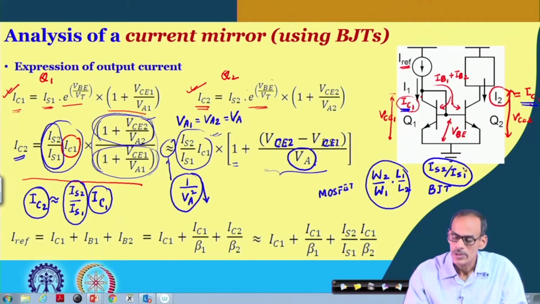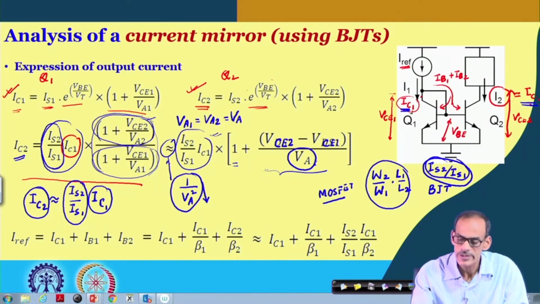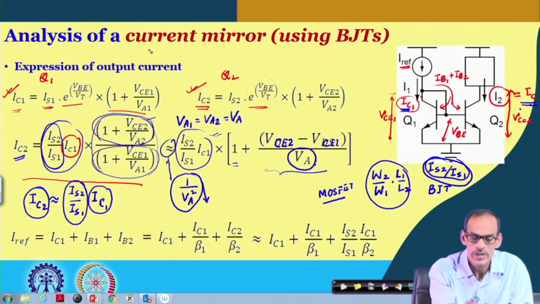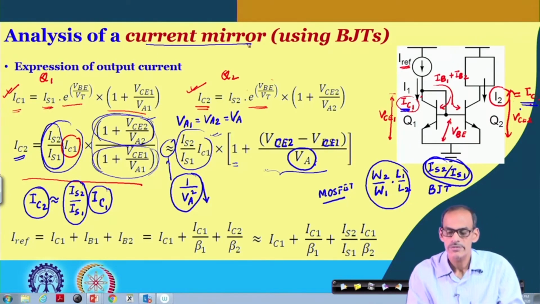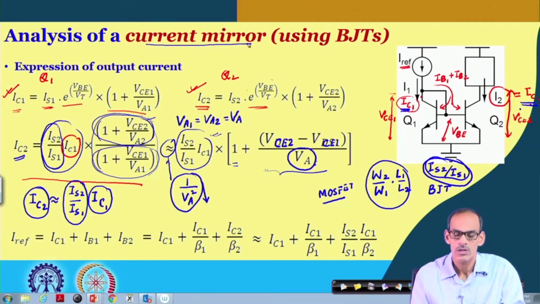Geometrically, looking at the dependency of this IS on the geometry of the transistor, this ratio is the emitter to base junction area ratio. Since the current is getting mirrored here, the name suggests that it is mirroring the current based on their aspect ratio or emitter area ratio.